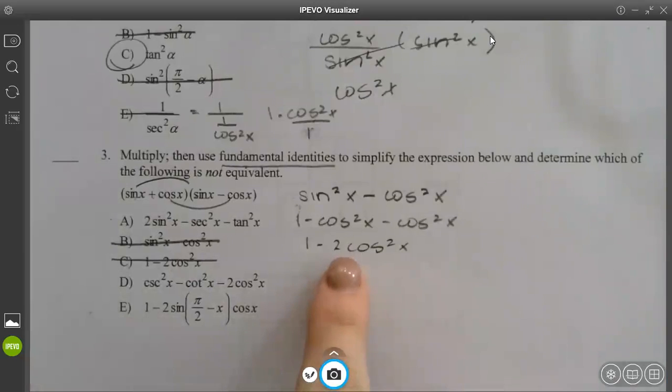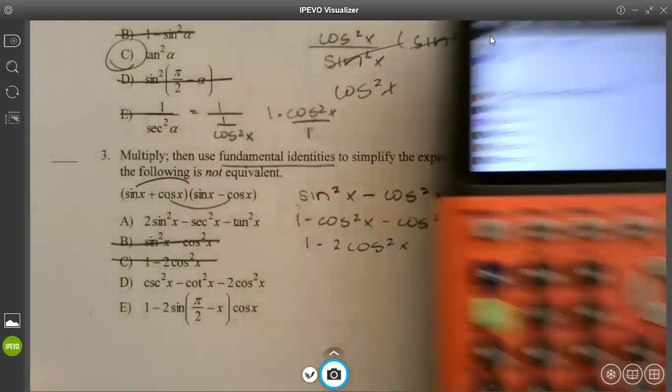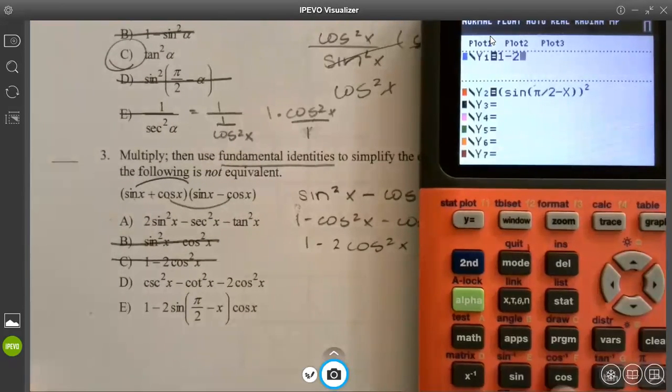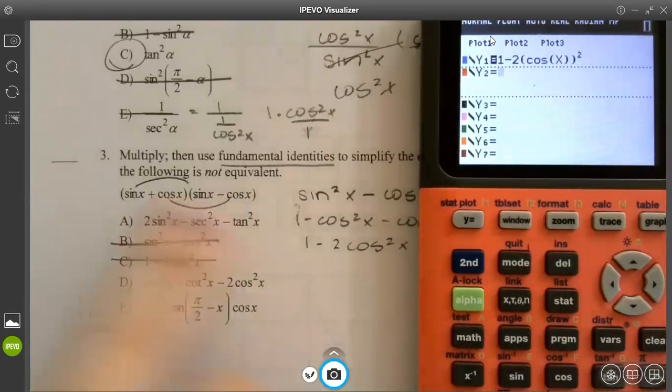This is pretty easy to put in your calculator, right? Into y equals. So let's put that in. 1 minus 2 times cosine x squared. Which one of these is the easiest to put in that I have left over? Which one's the easiest to put into y2?